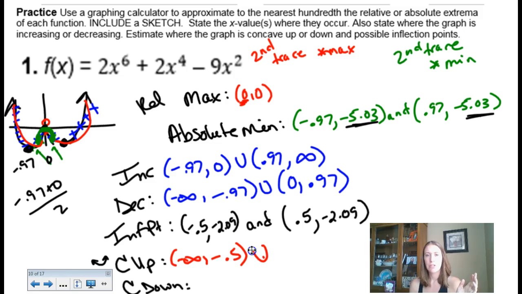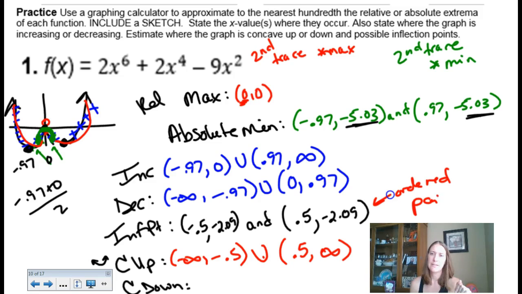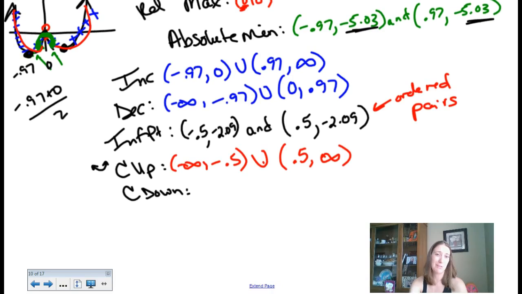And you can put a union, or you can just write the word and in this case, positive 0.5 to infinity. Now don't confuse inflection points. These are ordered pairs. Everything else has been an interval for increasing, decreasing, and concave up and down. It is confusing. In math, we just have to appreciate the context of the question and understand what we're asked. That's why it's confusing for kids, I know.